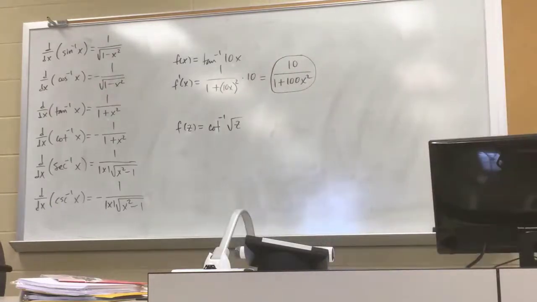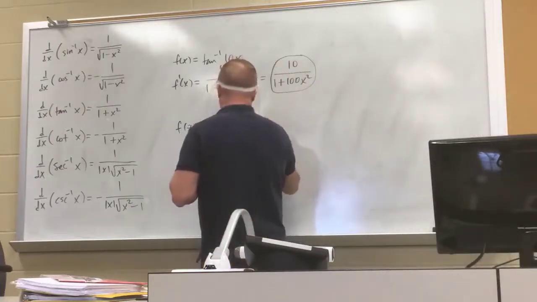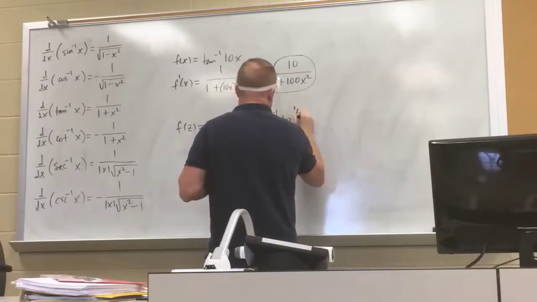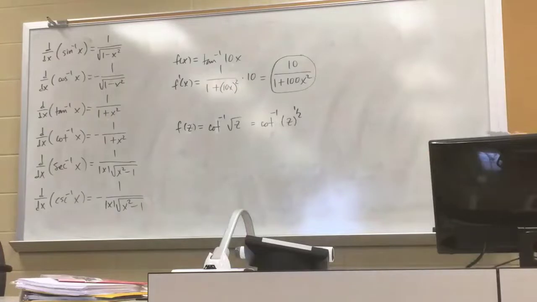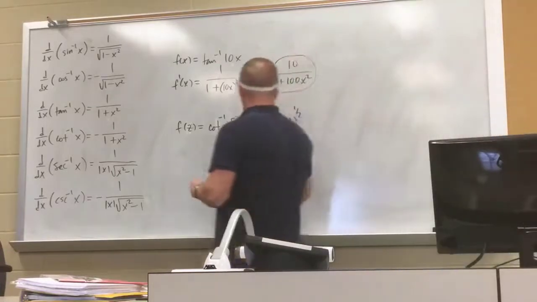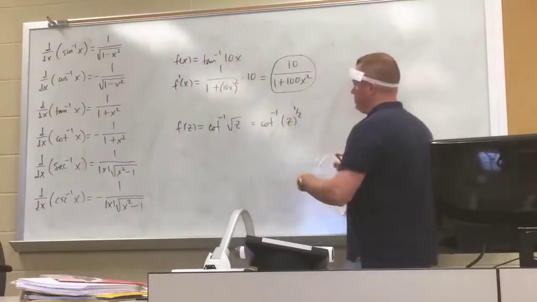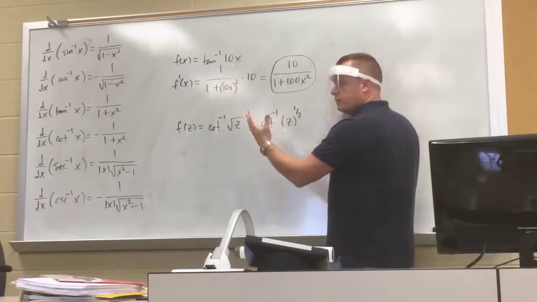So the derivative, okay? Anytime we're doing derivatives with radicals, it's best to write those with exponents. So square root z is the same thing as z to the 1/2 power. Now let's use our formula here, and notice we have two functions. We've got the inverse cotangent, that is the big function, so we do it first.